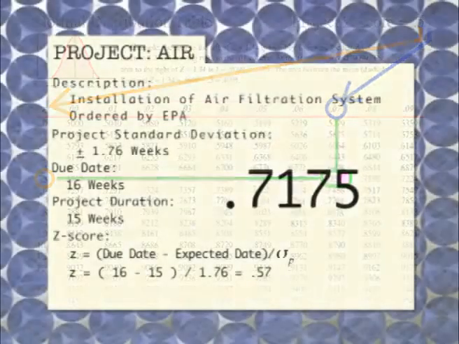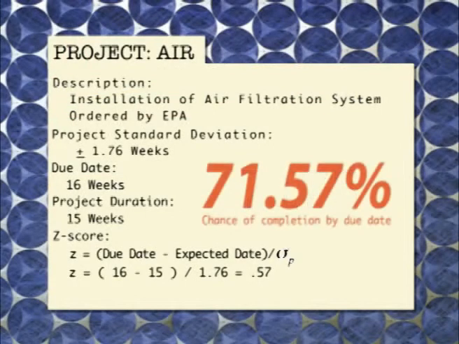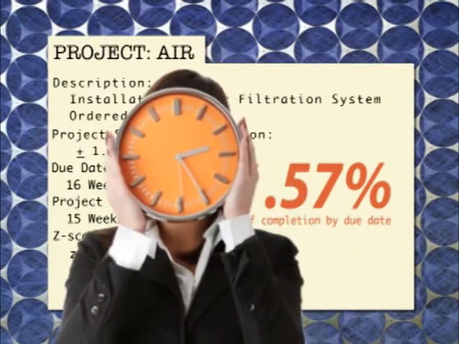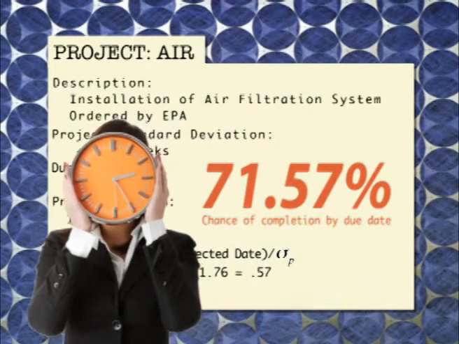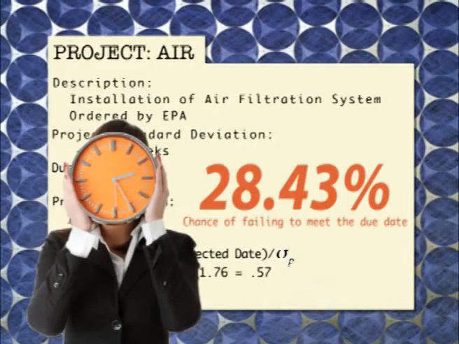What that means to you is that there's a 71.57% probability that you will finish this project by the 16th week. Are you worried? You should be. Your boss should be worried, because that also means that you have over a 28% probability of not being finished on time. So pretty scary stuff.